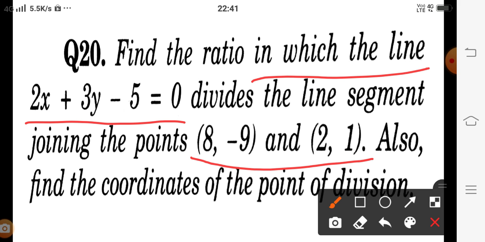Then what we know, if the line intersects the given line segment, it means that we are getting the intersection point, and that intersection point should satisfy the given linear equation. Means if we put the values of x and y by finding that coordinate, then that point must satisfy this relation. On putting the values of x and y, we are getting this value equal to 0.